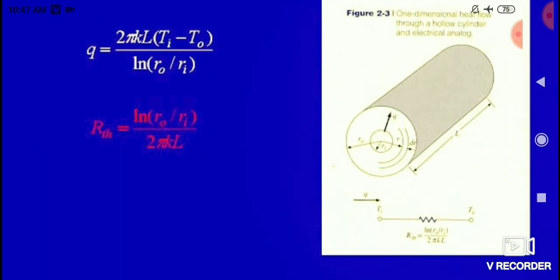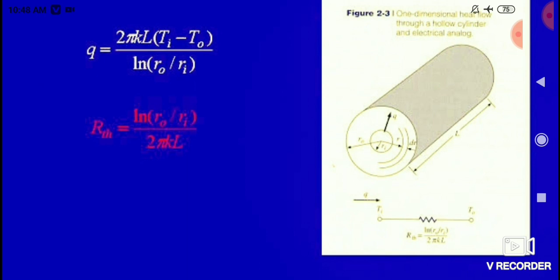Friends, you can clearly see here the resistance value R_TH is ln R naught by Ri divided by 2 pi k L. Friends, I will once again suggest that you should understand the concept of resistance, because everywhere the temperature difference T1 minus T2 is the same, but you have to go logically through the resistance calculation only.